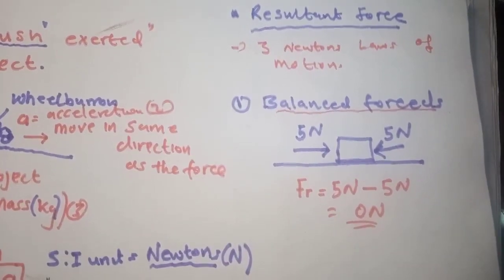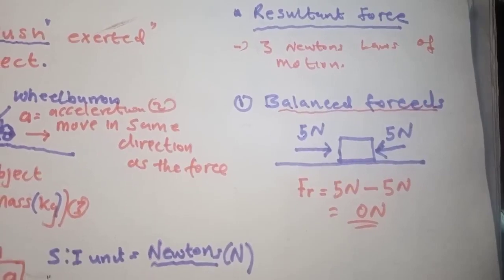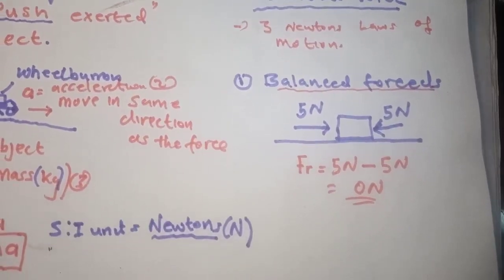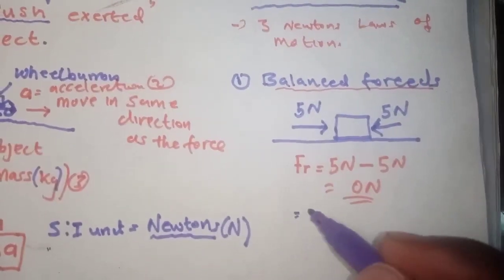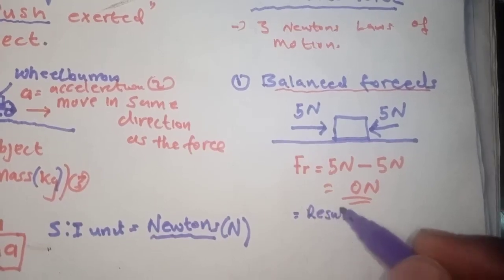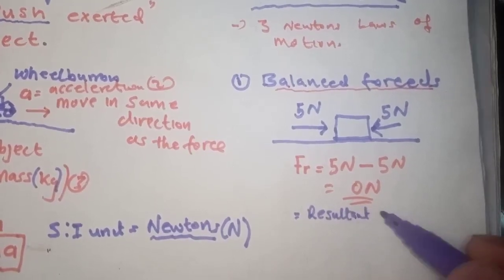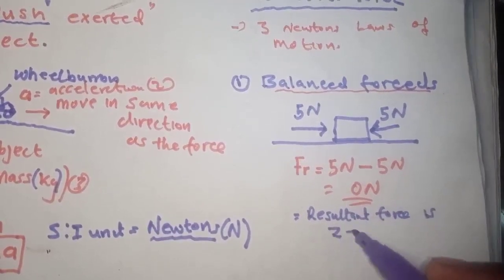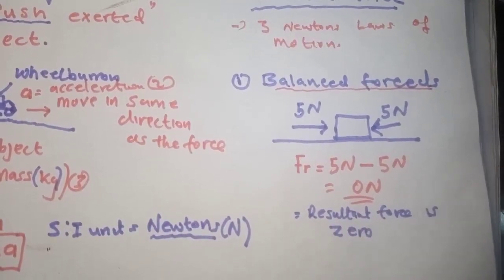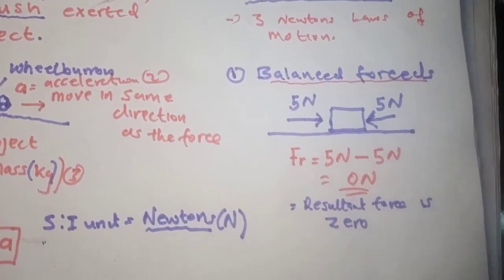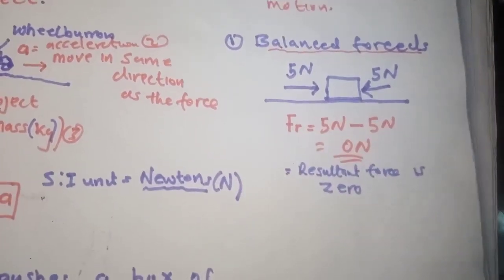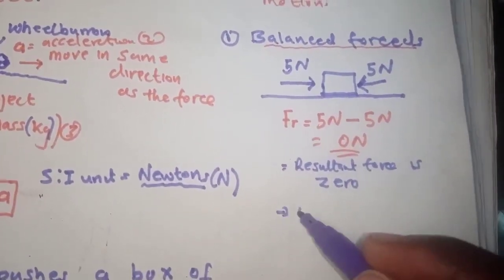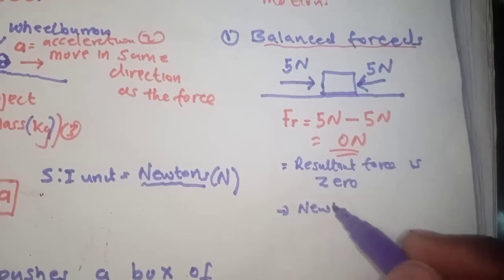This simply means that the forces are balanced and the resultant force is 0. So according to Newton's first law of motion, let's look at Newton's first law of motion.